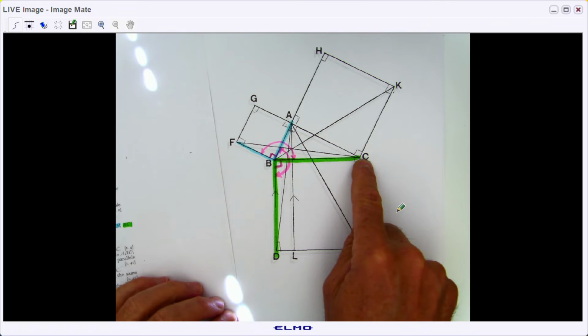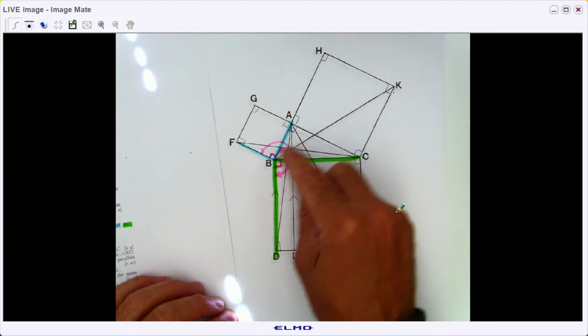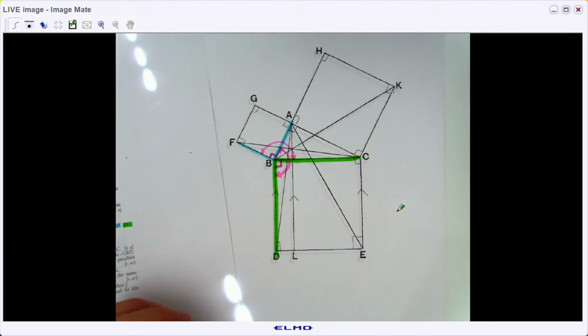So how does he get that? Oh, I see how he's getting that. So he has side, angle, side. So what would we do there?